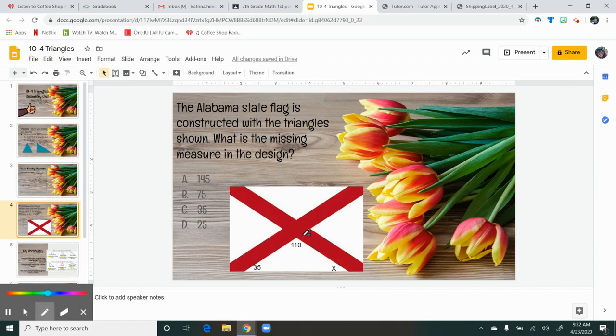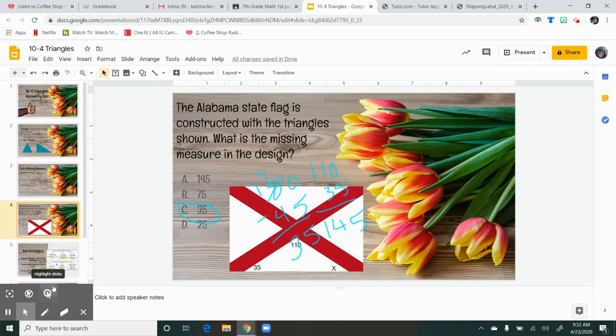When I add those together, I'm going to get 145. And then I can do 180 minus 145. I'm going to borrow and subtract. So I would get 35. So on this one, the correct answer would be C. So again, you're adding all three angles together and they need to be equal to 180.